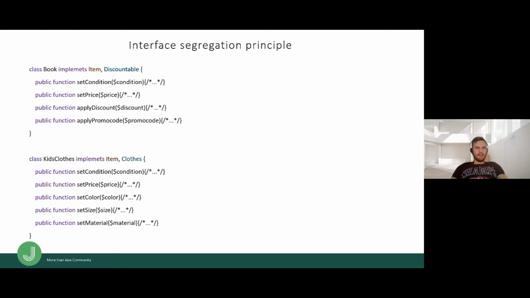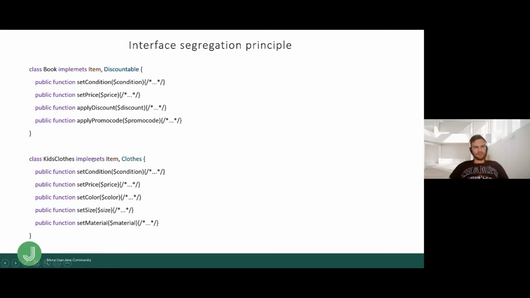And if we create entities, we can now implement only the specific methods that we need, via specific interfaces. A book can implement Item and Discountable. It does not need color of the book and size of the book, which are not really important, and material probably as well.